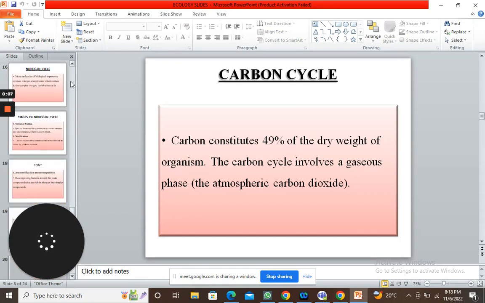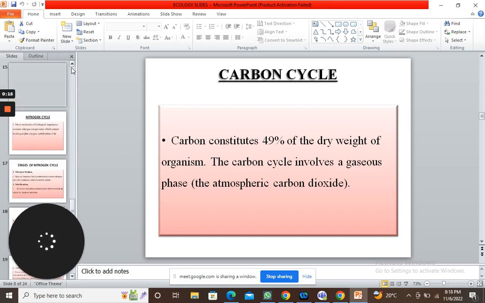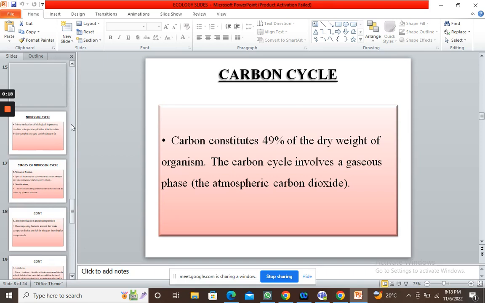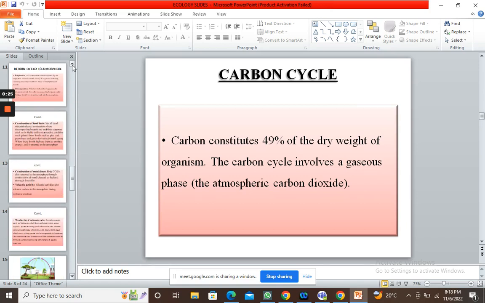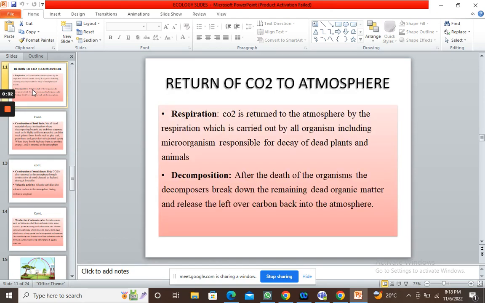We have either through combustion of wood, through volcanic activities, it can also be returned to the atmosphere through the process of weathering, also through respiration, which is done by both living organisms, including plants, and also the microorganisms.